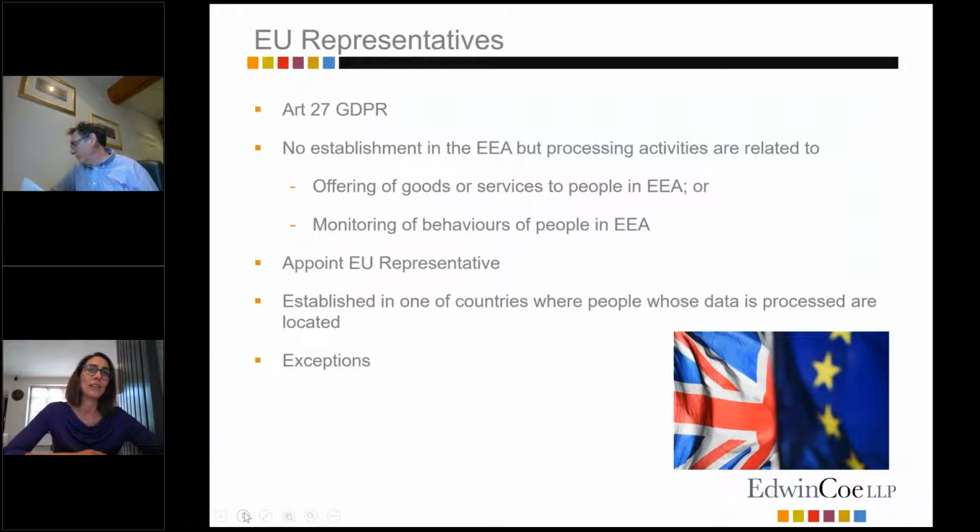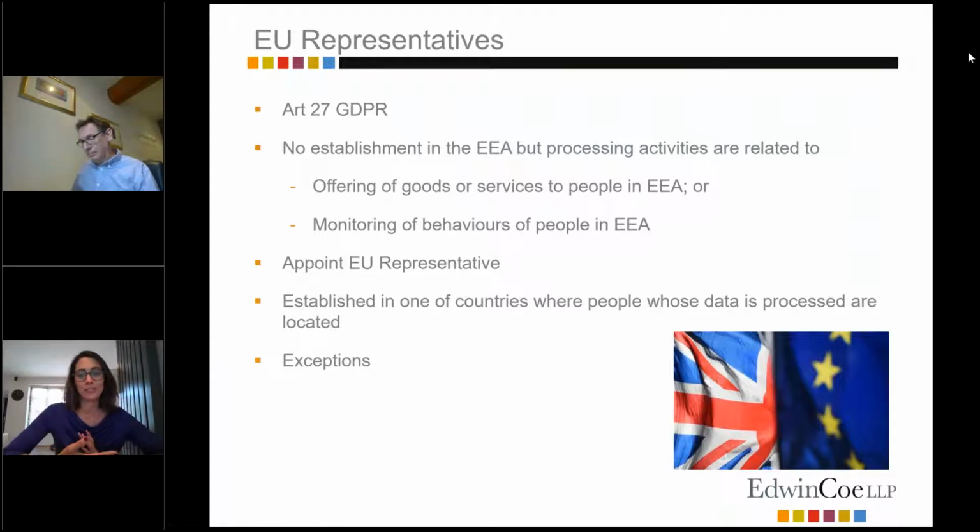Under Article 27 GDPR, organisations not established in the EEA are required to appoint a representative in an EEA state if the organisation monitors the behaviour of individuals in the EEA, or if it's apparent that the organisation intends to offer goods or services to individuals in the EEA.